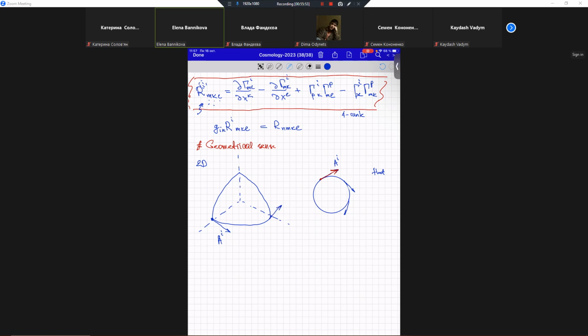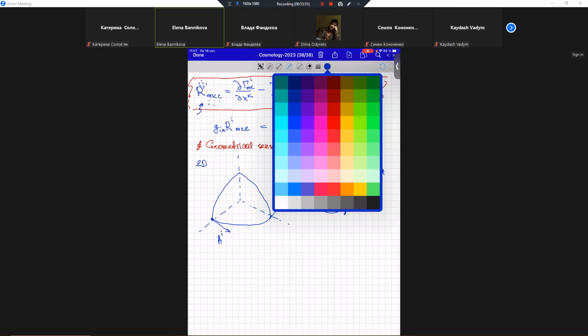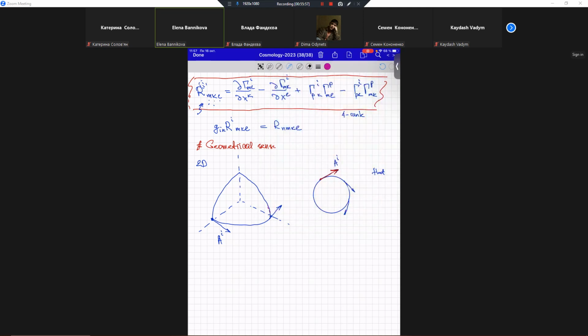After this, I pass from this part of the contour, and the vector will be here. This is the first point, the second point, the third point.